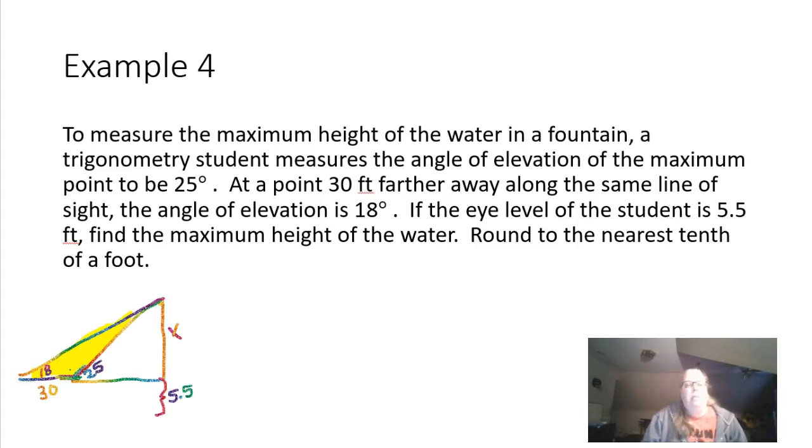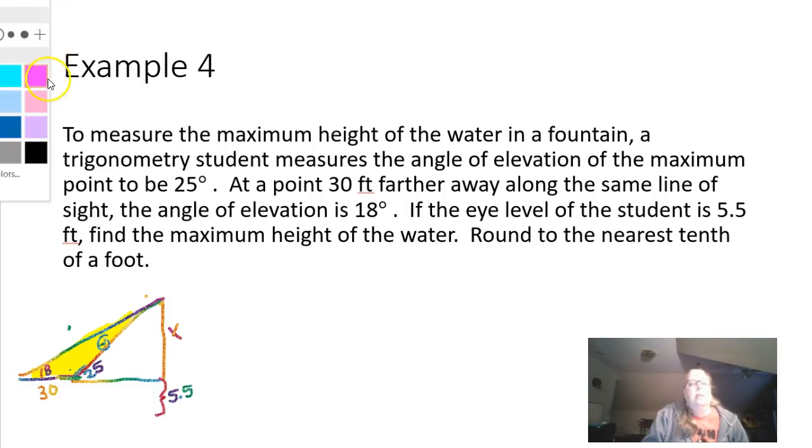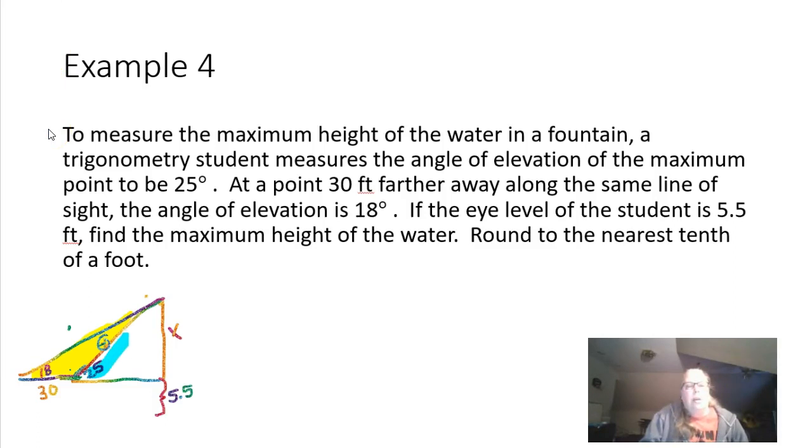So let's figure out what this angle is right here. Now what that's going to do for me in my yellow triangle is it's going to allow me to find this side over here. It's going to allow me to get this tiny angle up here, and it's going to allow me to find this side right here. This is the one that I want because this side is also included in another triangle that I have, which is right here.